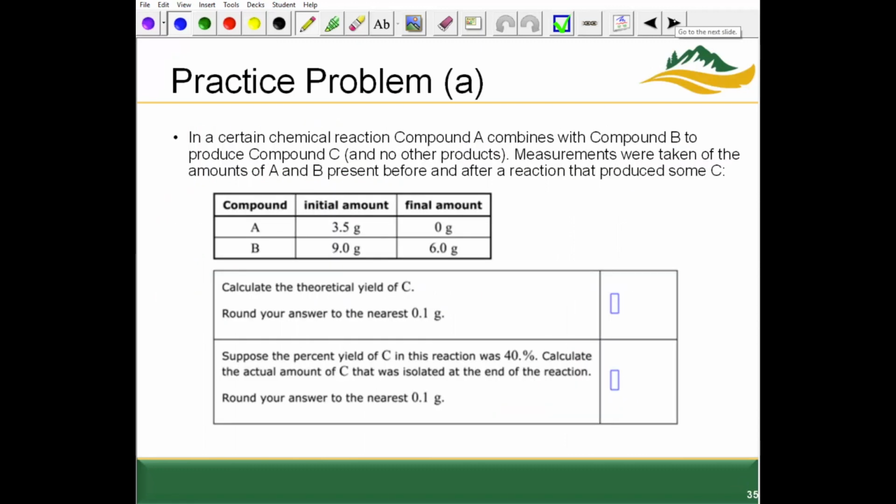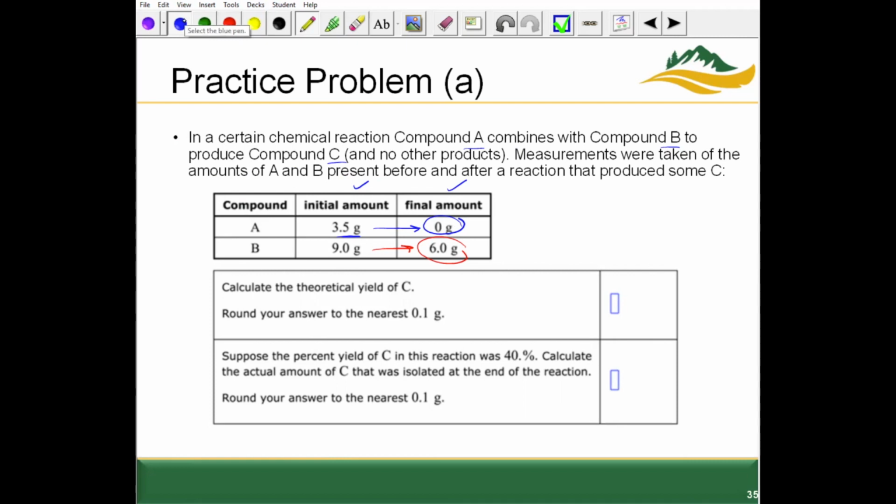In this practice problem, we have compound A combines with compound B to produce compound C. We have some information about the initial amount of A and B and the final amount of A and B. It looks like we started with 3.5 grams of A, and at the end, all of that was used up. We started with 9.0 grams of B, and at the end, we still had 6.0 grams remaining.